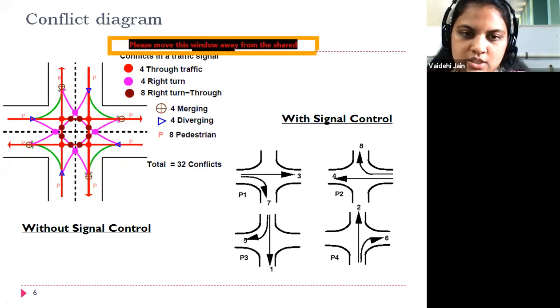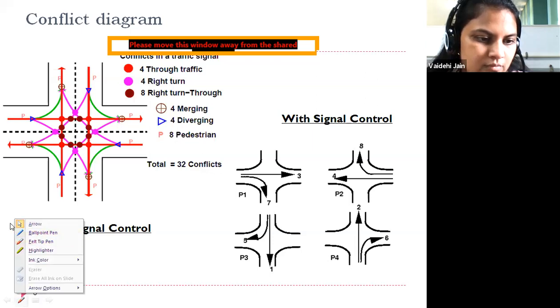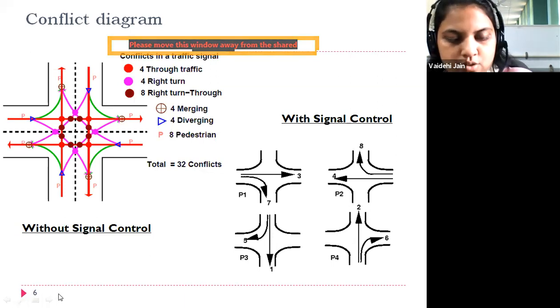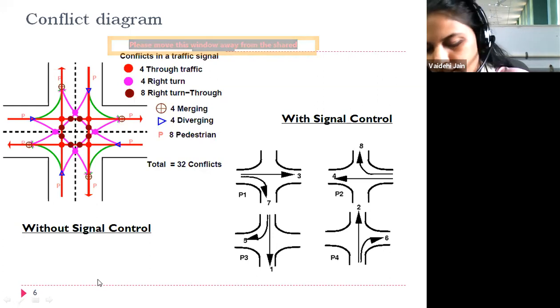This is the merging type of conflict, in which you can face difficulties to cross over the intersection.